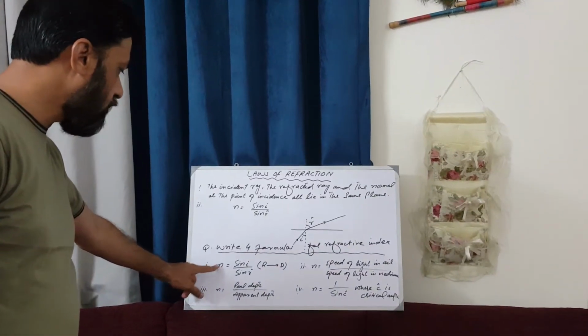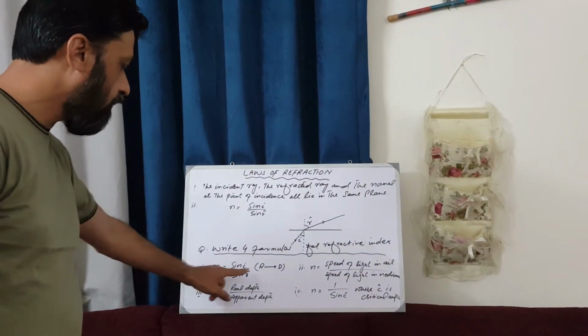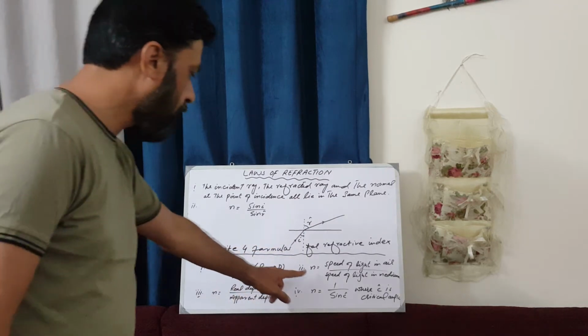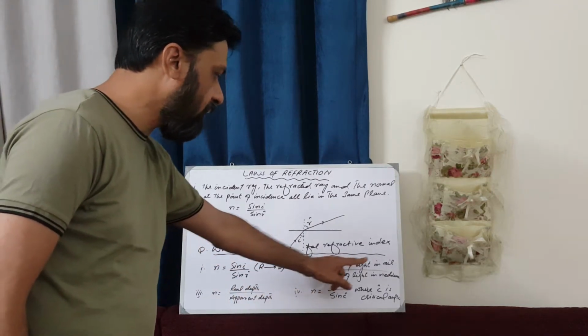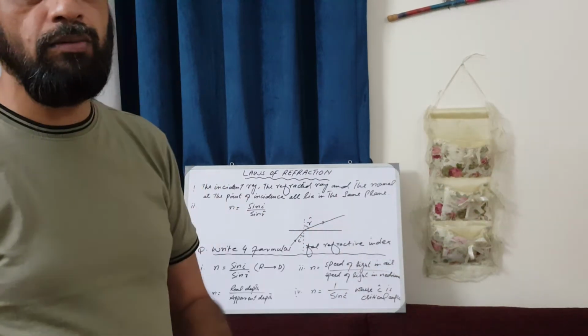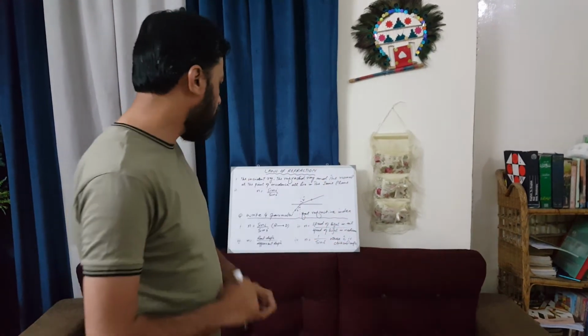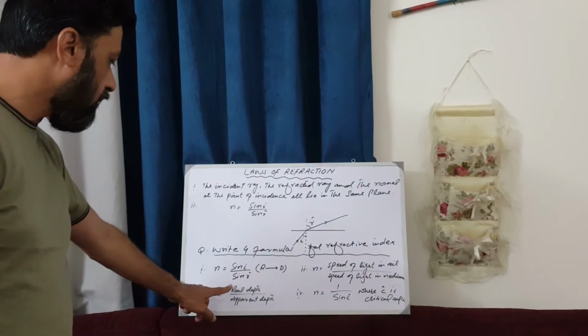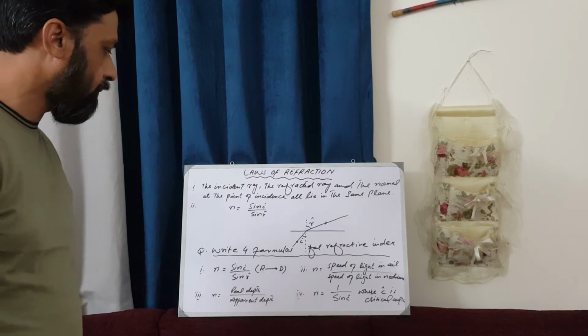These four formulas are here. n is equal to sine i over sine r when light enters from rarer to denser medium. Second, n is equal to speed of light in air over speed of light in medium. Medium means glass, water, whatever you use. Number three, n is equal to real depth over apparent depth.